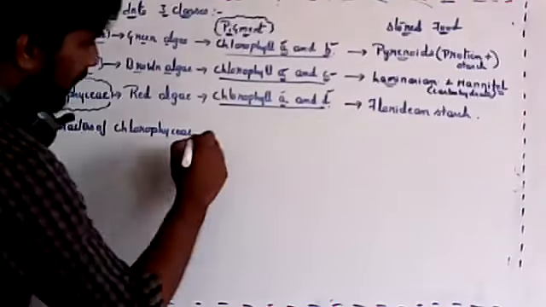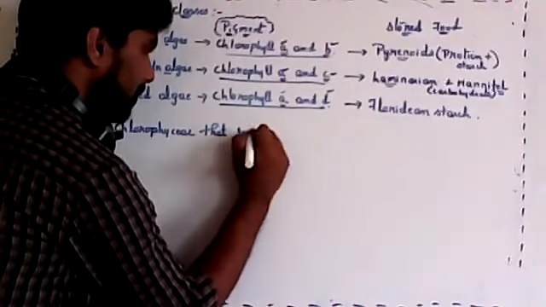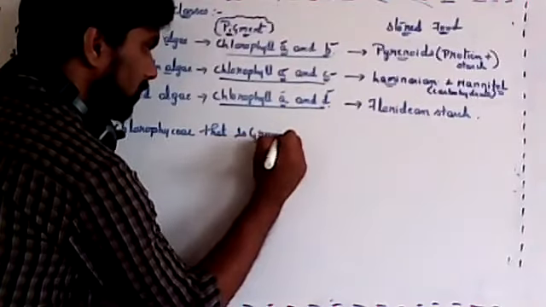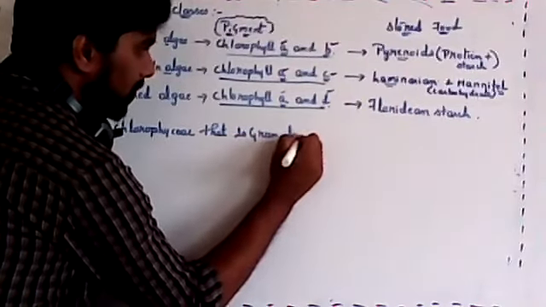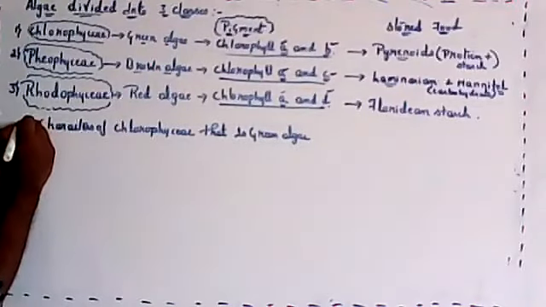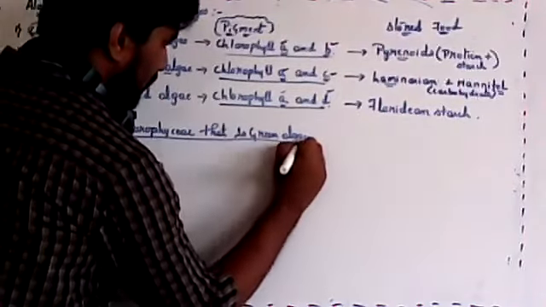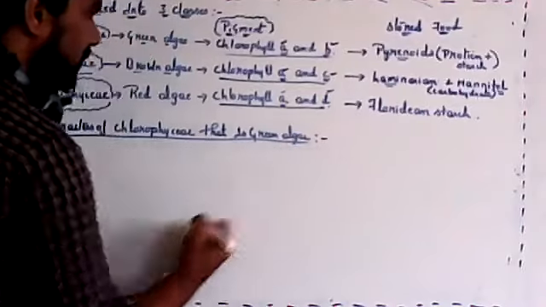That is green algae. One by one. First we'll see the characters of green algae. Next we'll go into the brown, then red.